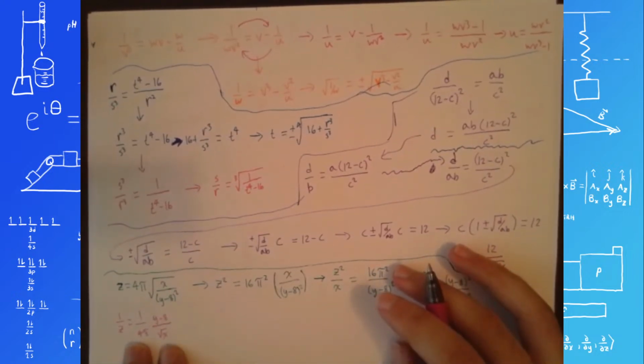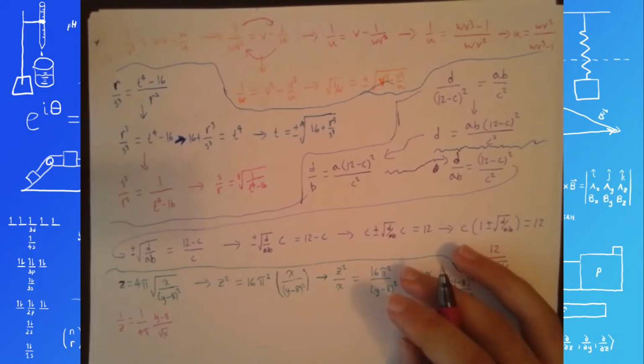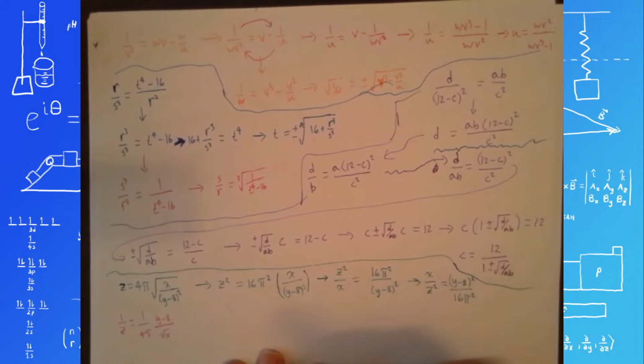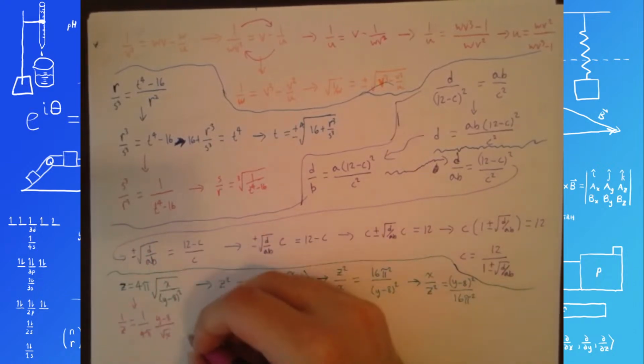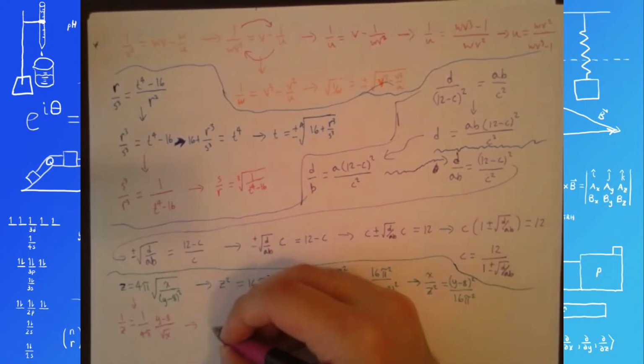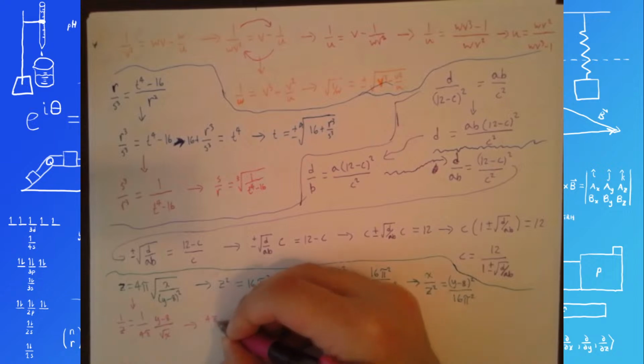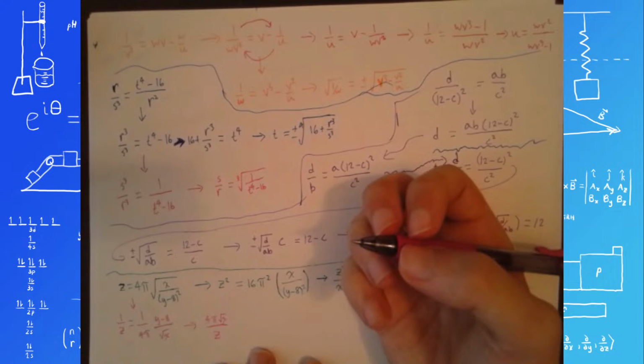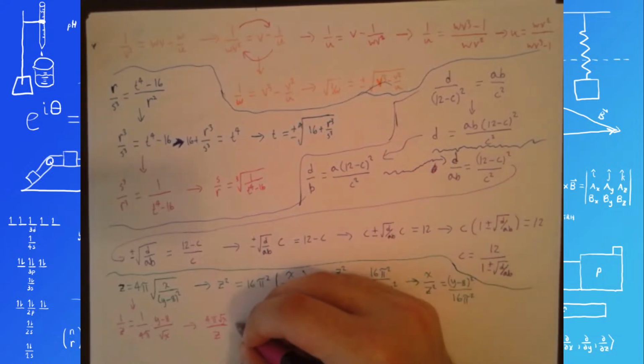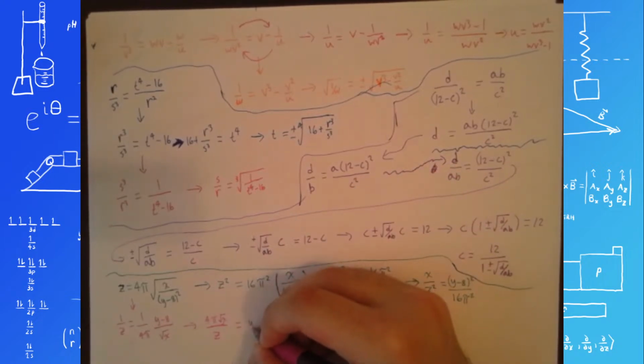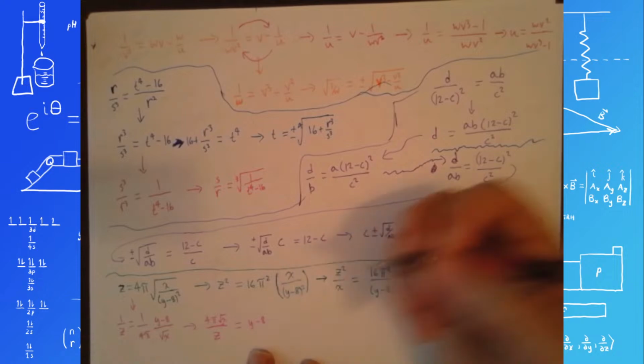And then take this 4 pi square root of x and multiply it over to the left and add 8, and you're done. That's one route you could go. 4 pi root x over z equals y minus 8.